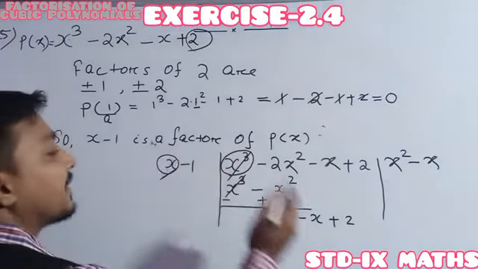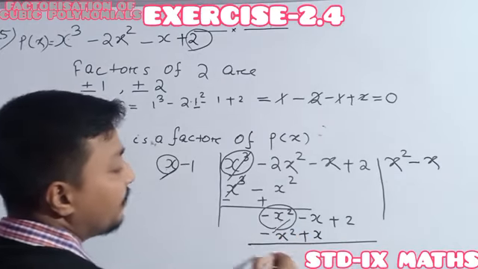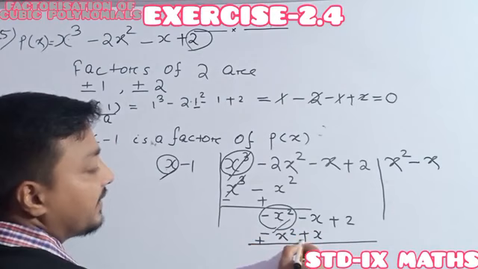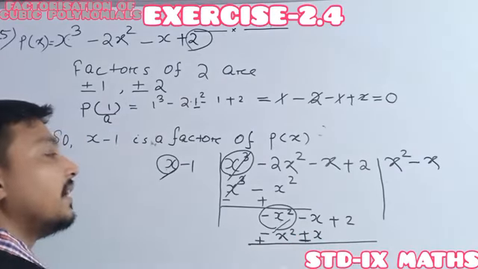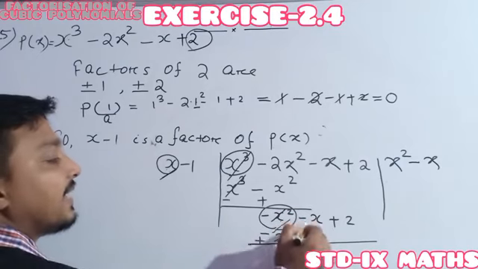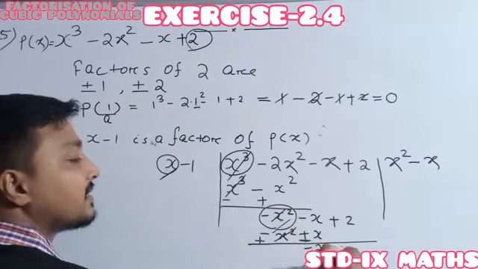Minus x into minus 1 becomes plus x. Then next step we subtract. Minus becomes plus and plus becomes minus. x square minus x square cancels. Here minus x minus x means minus 2x. Here it is plus 2.